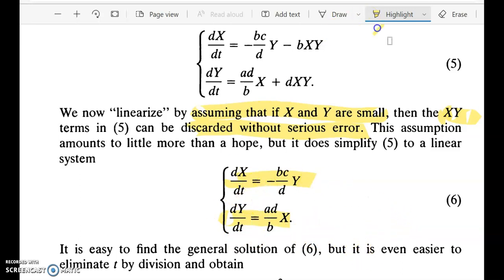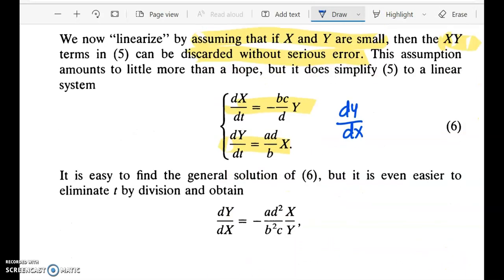And now we can divide both the equations, so we can obtain dY by dX from this.